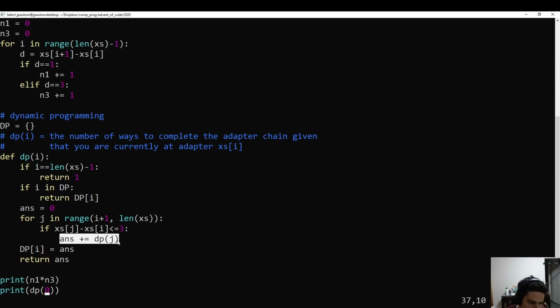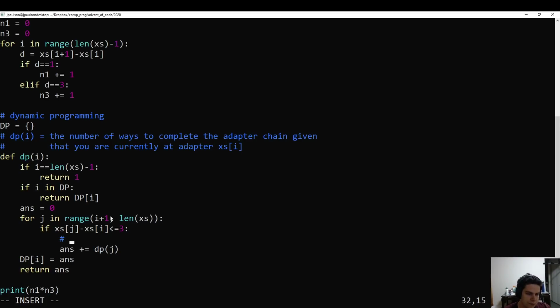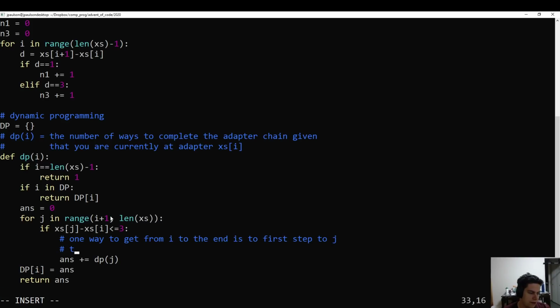And if that is true, then this is worth writing down: the number of paths from i that start by stepping to j is just dp(j).